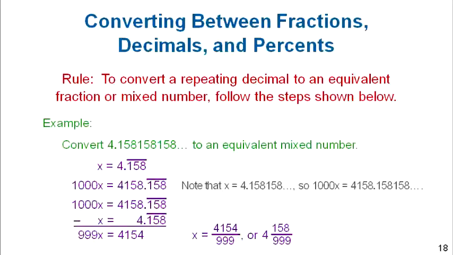Now I can divide both sides of this equation by 999. 999x divided by 999 is equal to x, and 4154 divided by 999 simplifies to 4 and 158 over 999. Since x represented the decimal I wanted to convert to a mixed number, this means that the final answer to this question is 4 and 158 over 999.